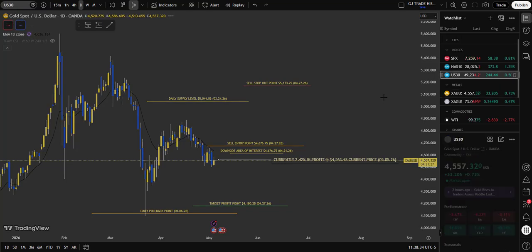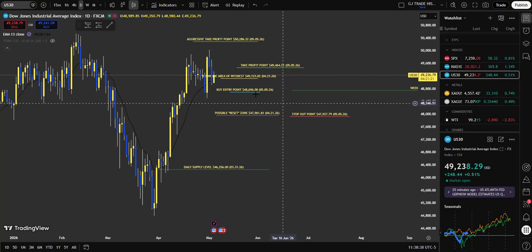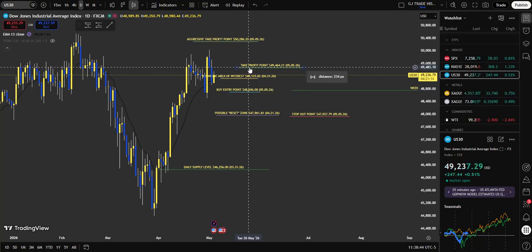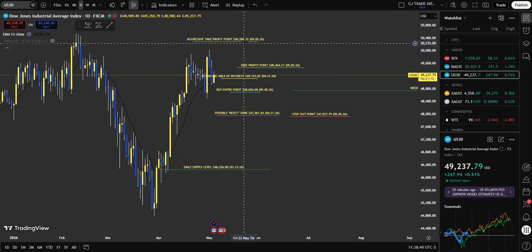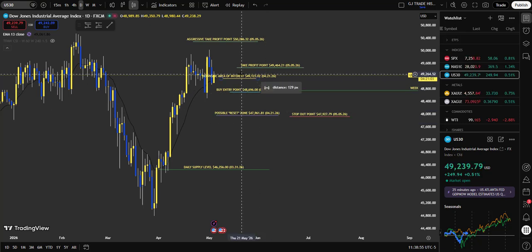All right, looking at the US 30, the market has been moving higher. Having a buy entry point set up for 48.696 before getting back in, and then I have a take profit of 49.46421, and then a more aggressive take profit of 50,28632. I see more downside on the Dow, so I would probably do one of two things.